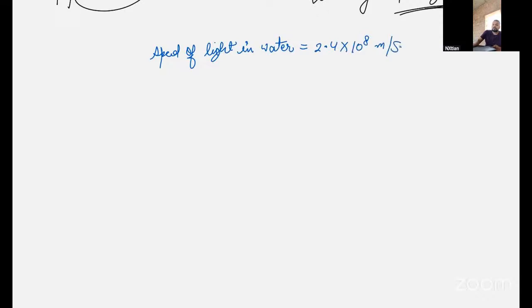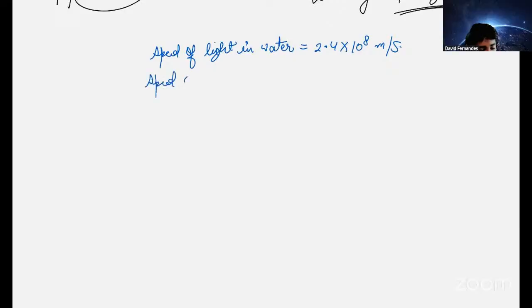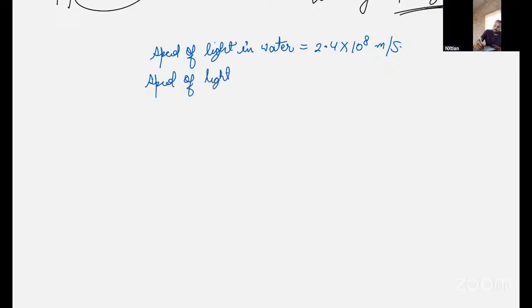The second part is the refractive index of water with respect to glass. Now, the second thing mentioned, the speed of light in glass, is 2 into 10 to the power 8 meter per second.